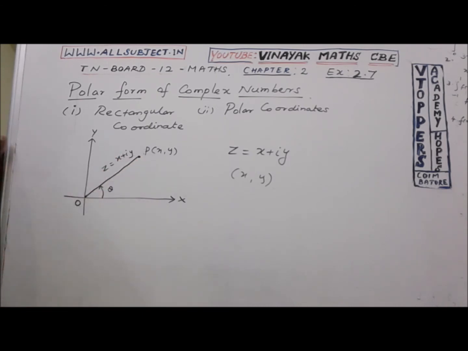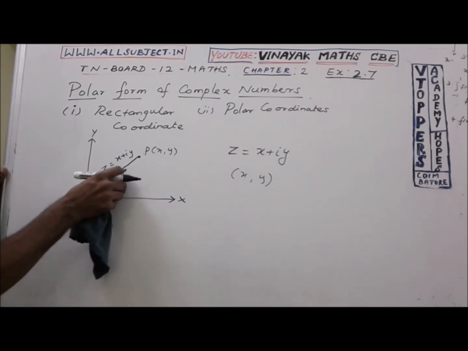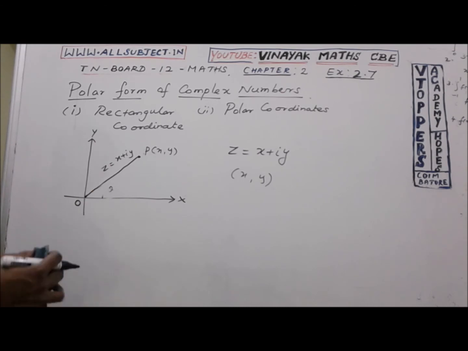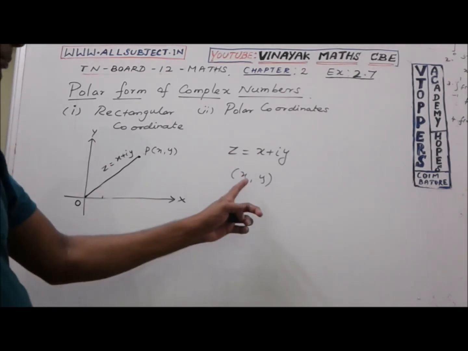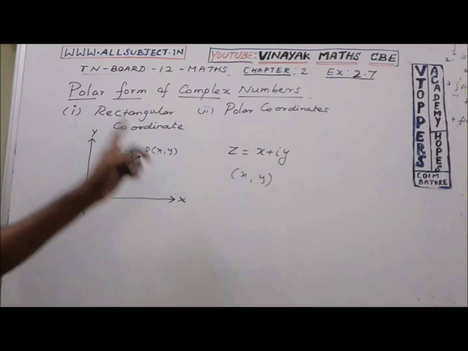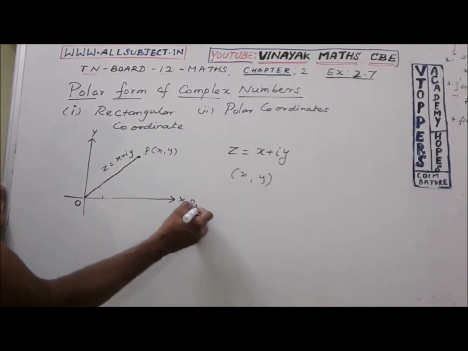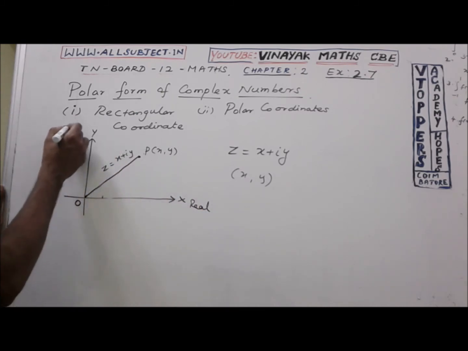Both are taken into consideration, and such a representation is known as the polar coordinate representation. The first one is the rectangular coordinate representation, by making an ordered pair and plotting it in the Argand plane. X is taken as the real axis and y is always taken as the imaginary axis.